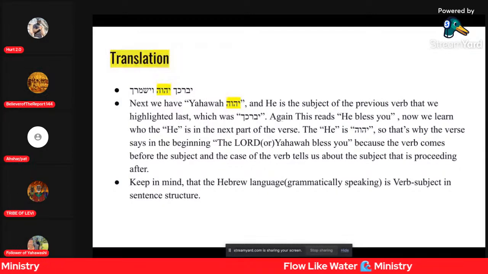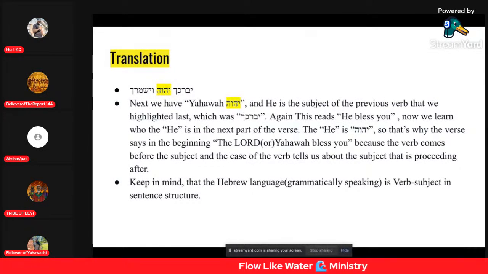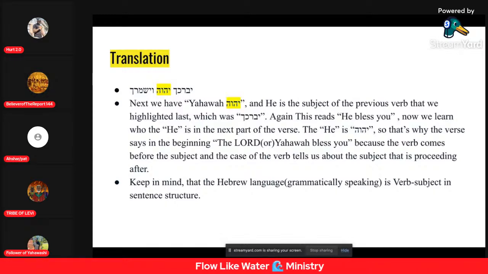structure wise. So when you read in the Hebrew, it's not going to read as he ran. It'll read more like ran did he. So it'll show the verb first, and then the subject next, the subject being he in that case, or we could be more specific.